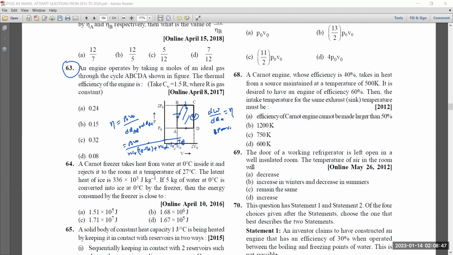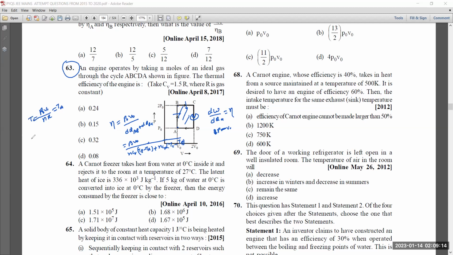So you have to write like this, and you also have to find the temperature of every point, TA, TB. So before you start solving, write the temperature at every point by quickly writing the ideal gas equation. So P naught V naught upon nR equals TA, and let's call this T naught because that's easy to write.